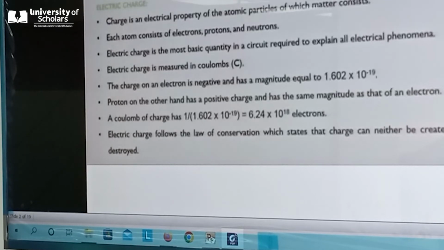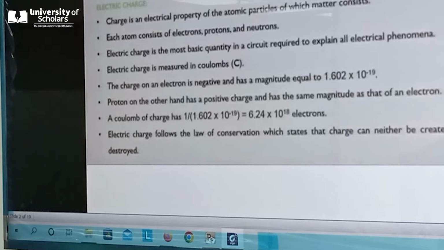So charge is an electrical property of atomic particles of which matter is made. If you see anything around you, you will see it is composed of molecules. Whatever you are using is basically composed of molecules, and these molecules are composed of atoms.